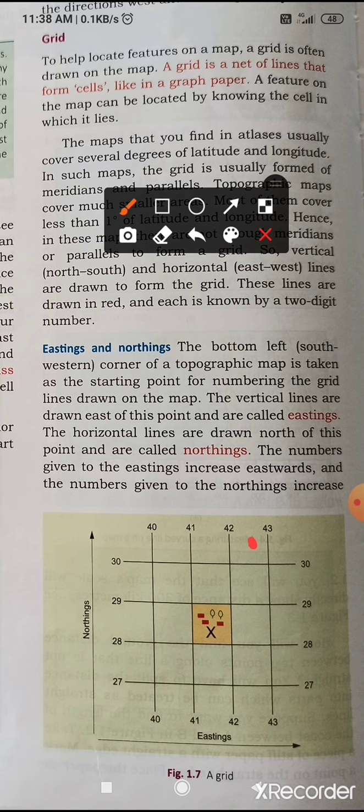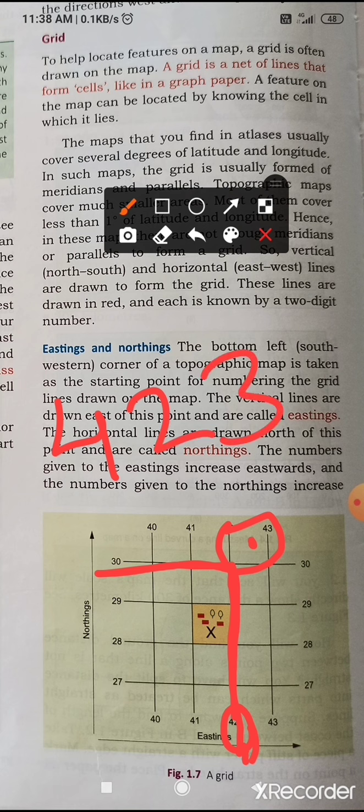So first of all you will find out the cell lying in this portion. Again you have to see this down portion and it is 42. Okay, so in this way you have to check 42 then 30. Okay, so in this way you have to find out the 4-figure grid reference.